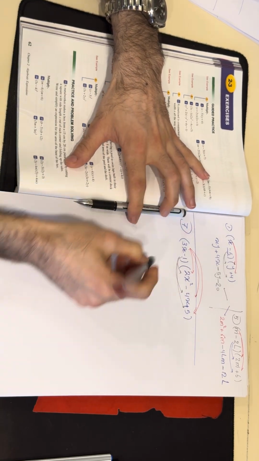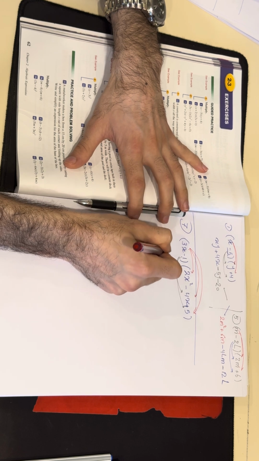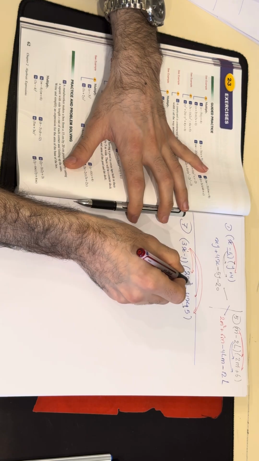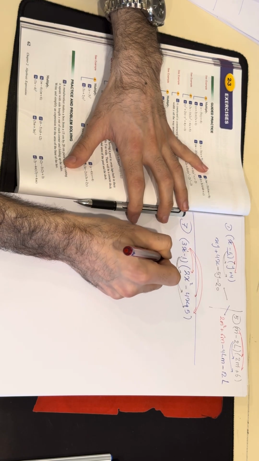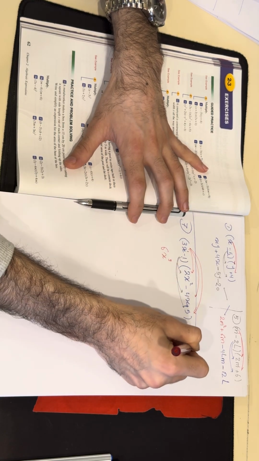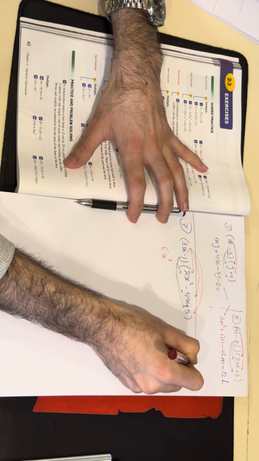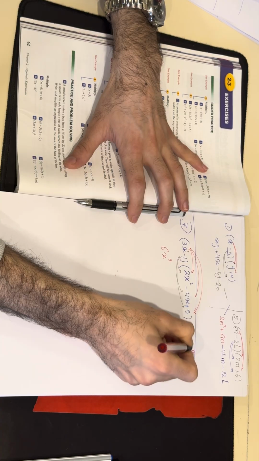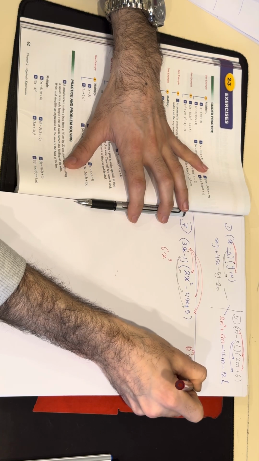So 3 times 2, it's already 6. X times x, so this x is power 1, this x is power 2, so it will be x power 3, because we already studied this one. When we multiply the same base with different powers, we keep the base and add the powers.